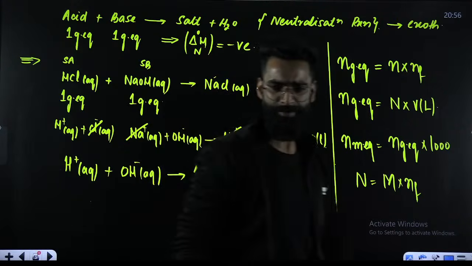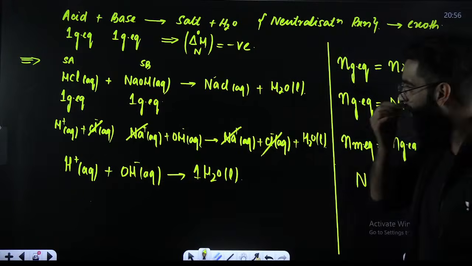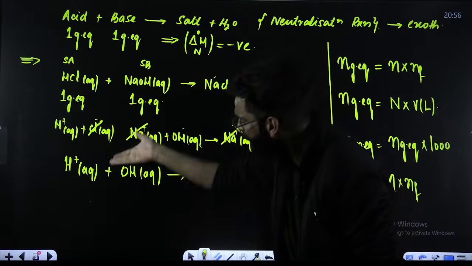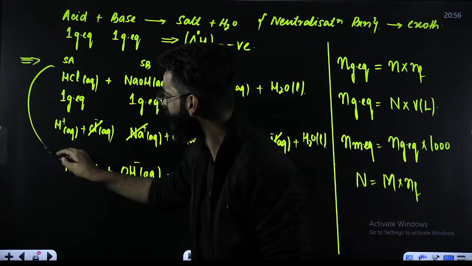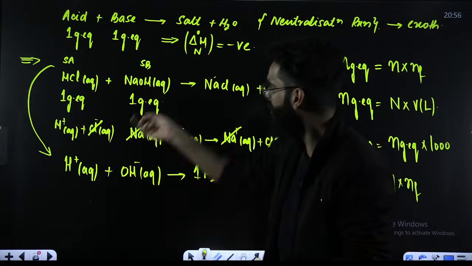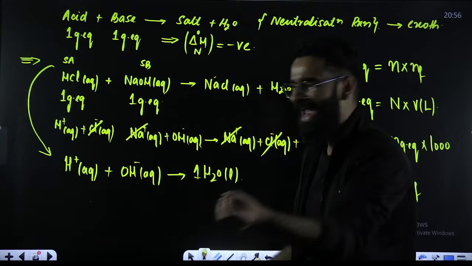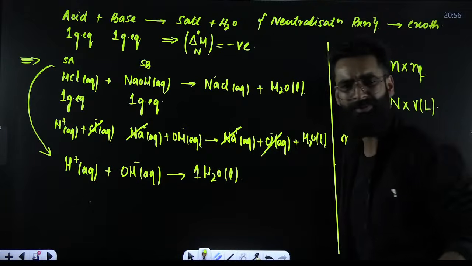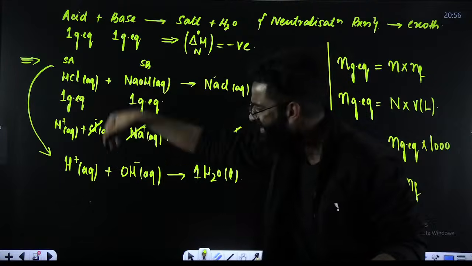Are you understanding what is happening? I took an acid and a base. What is the end result? From the acid H positive is coming, from the base OH negative is coming, and at the end H positive is interacting with OH negative and leading to the formation of water.